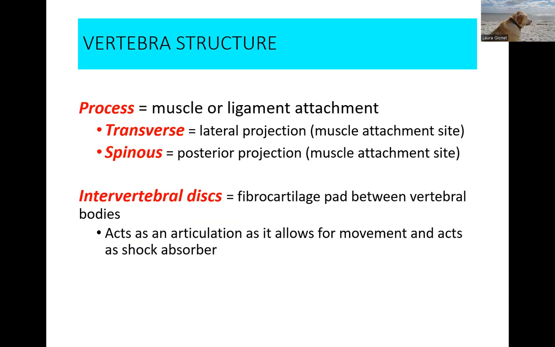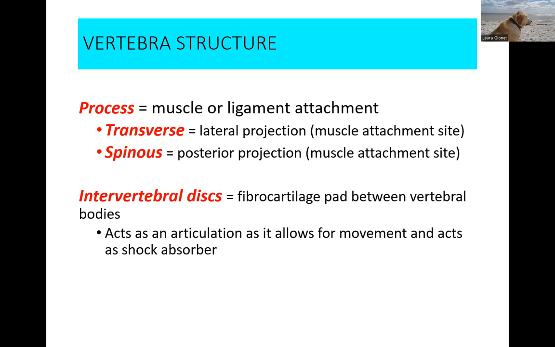We have processes, muscle or ligament attachments. We have a transverse process, which are lateral projections, which act as muscle attachments, and spinous processes that project posteriorly and also act as a muscle attachment.